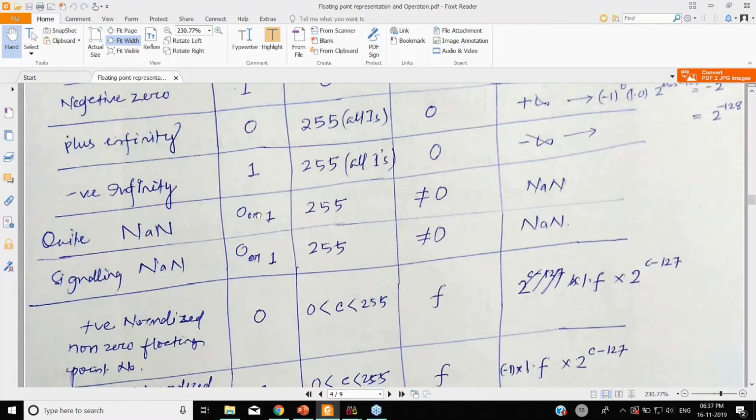Either the sign bit is 0 or 1. If the exponent is 255 and there is a nonzero fractional part, even then the value will not be treated as a number in the floating point representation.